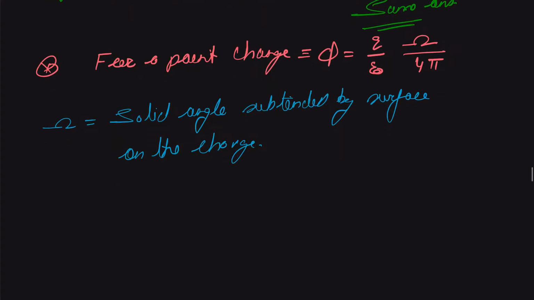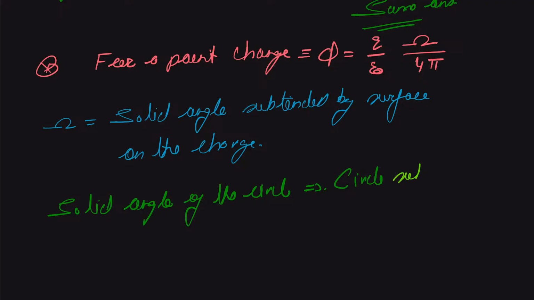Therefore, we can write that the solid angle of the circle, or we can say that the circle subtends a cone of half angle theta at the charge.